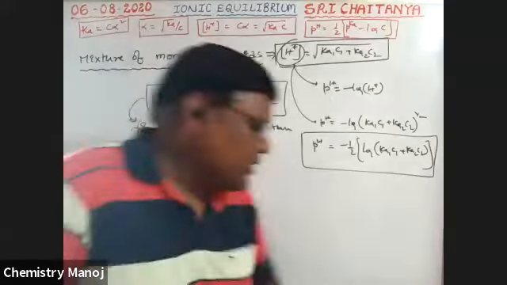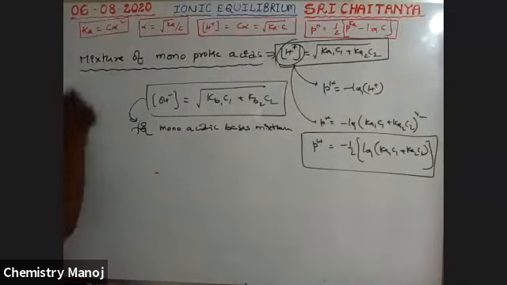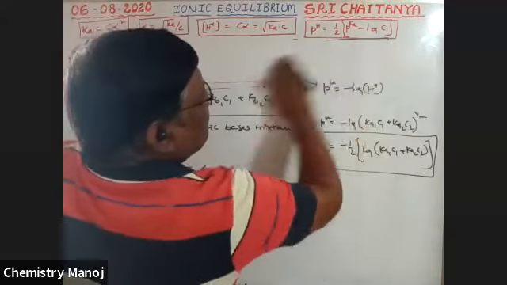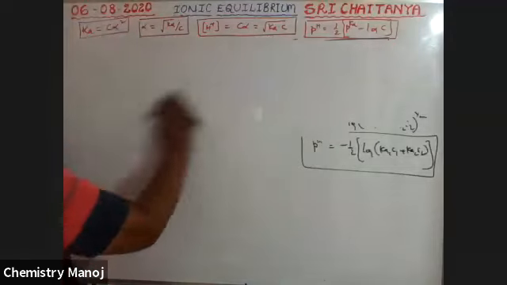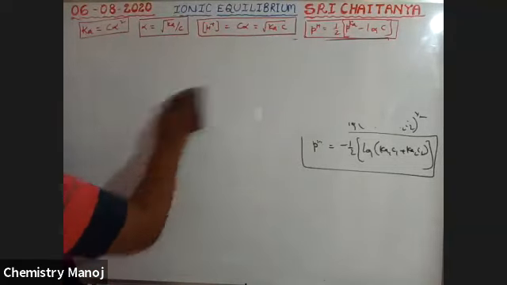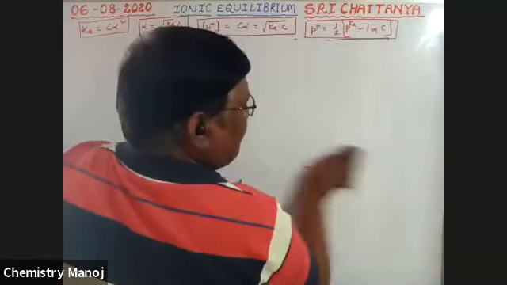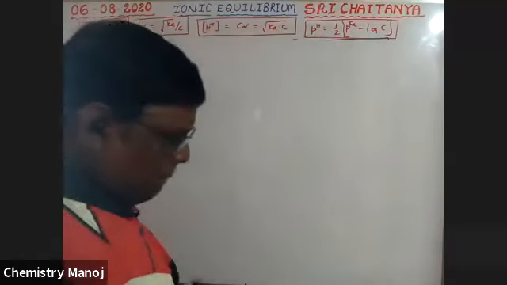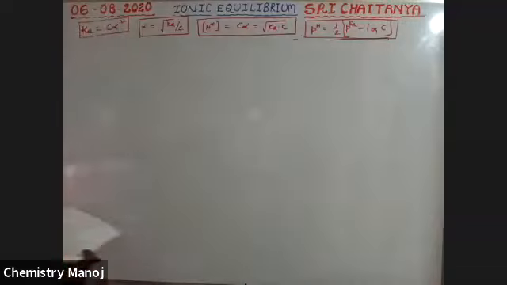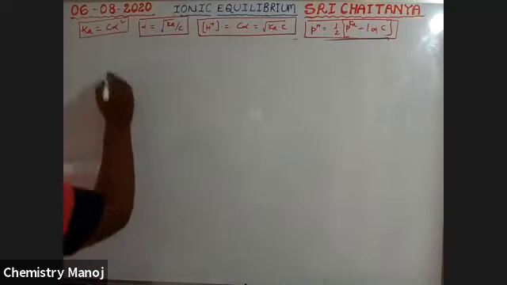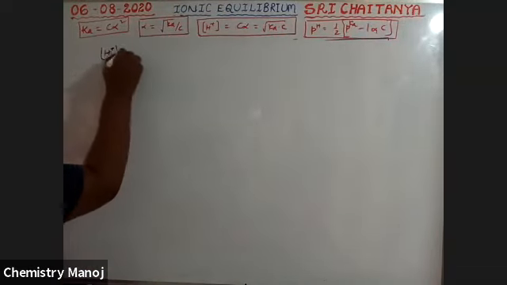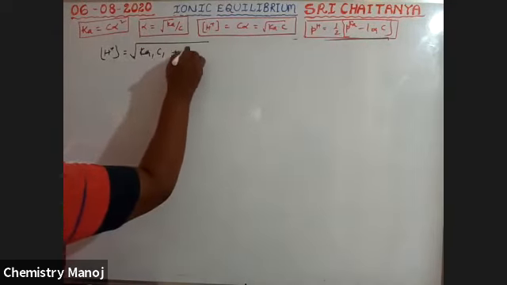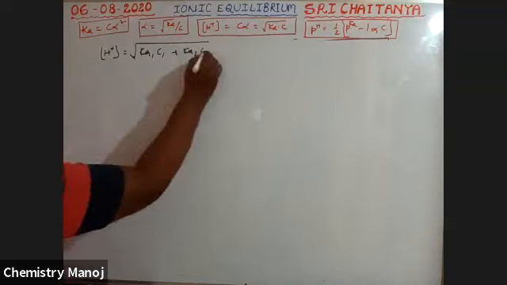So take a problem based on this topic. Here H plus concentration is equal to under root Ka1 C1 plus Ka2 C2.